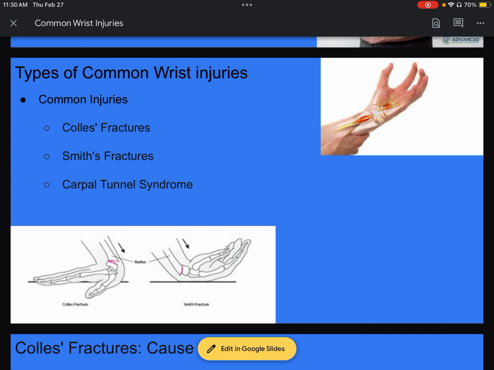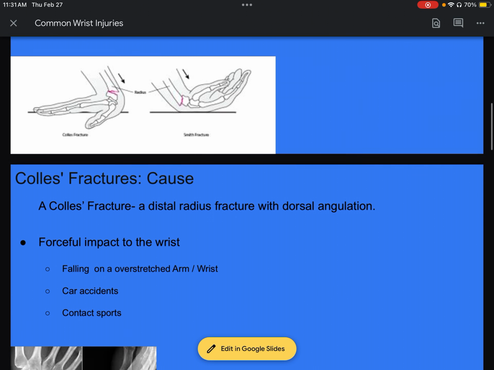On the bottom left corner, you're going to see two hands in two different directions. The one on the left is the Colles fracture. You can see how it's broken and fractured on the overextended wrist, extended, not flexed.